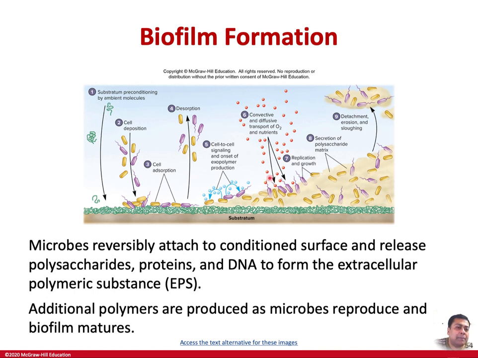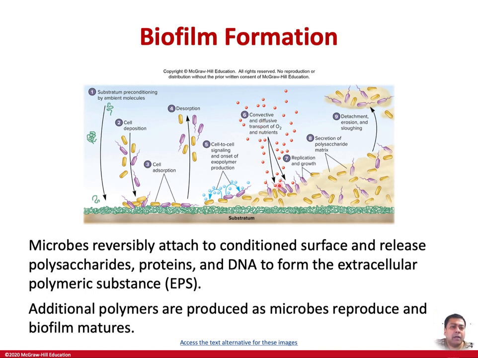And then what happens? There is cell-to-cell signaling. So cells can talk between different species of the same genus. Sometimes they can talk between different genera. Sometimes they can even have inter-kingdom communications with plants, bacteria like that as well. So it is a very complicated process.